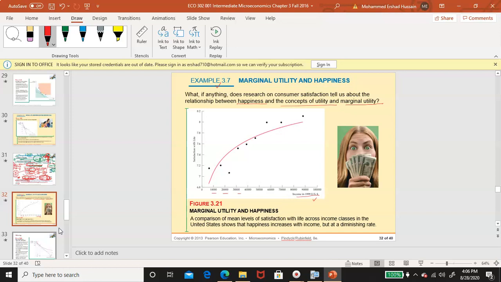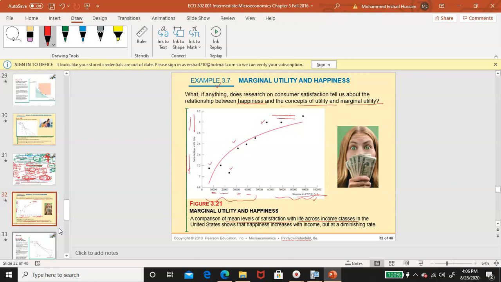On the vertical side, we have the mean level of satisfaction in life across income classes. These are different income classes, and this is the reported score, right? Satisfaction with life. So you see, people who have low income are less satisfied with life, right? On the other hand, people who have high income are more satisfied with life, right?